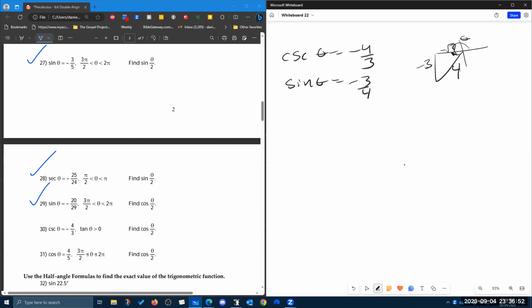And then for the half angle, if theta is between pi and 3 pi over 2, then theta over 2 is between pi over 2 and 3 pi over 4. So we're in Q2, and cosine is going to be negative there.